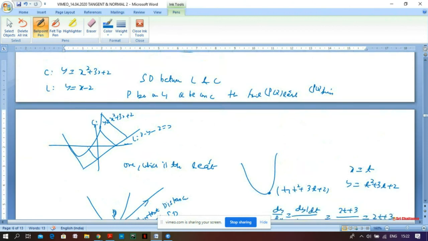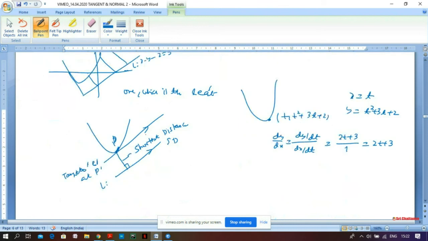If I'm able to find a point P on the curve such that the tangent at P is parallel to L, so the tangent to the curve C at P is parallel to line L, then this point P we have found, and if I draw a perpendicular, suppose this is Q, then these are the points P and Q, and the shortest distance is PQ. That's my approach. So I'll write 2t plus 3.